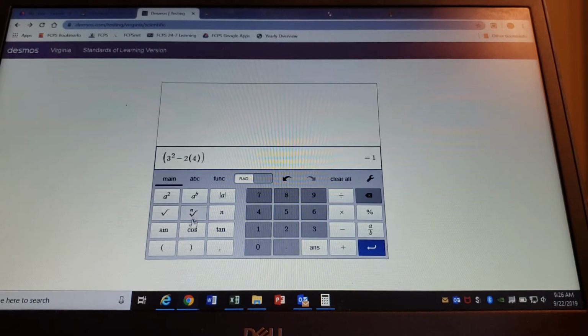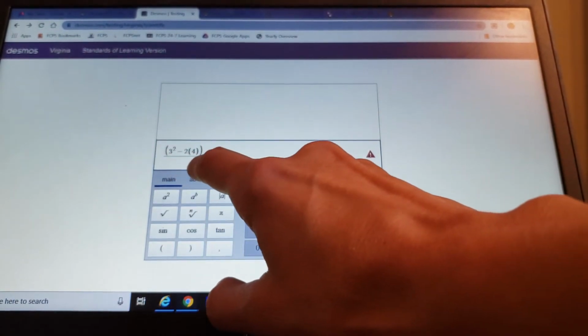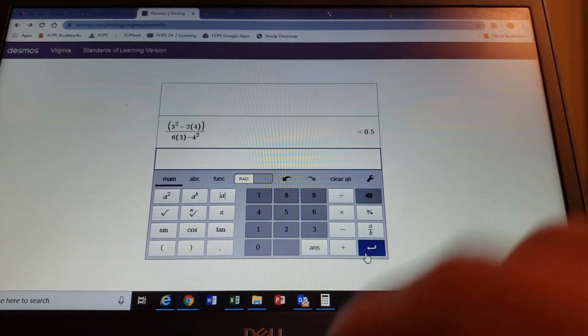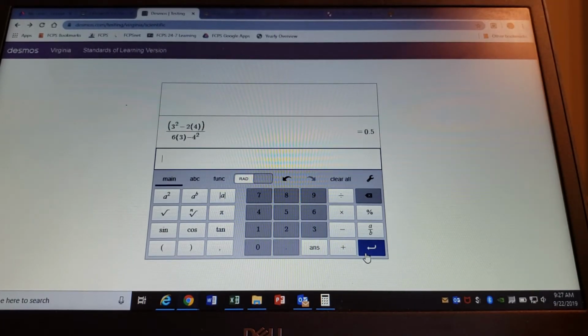We are going to make this its own group by putting the entire top in a parentheses. Now you may hit the divide by button and notice that it makes a division line across the entire top. Put in what's underneath, 6 parentheses, 3, close your parentheses, minus 4 squared. Hit enter. We got 0.5. Remember that 1/2 is the same as 0.5.